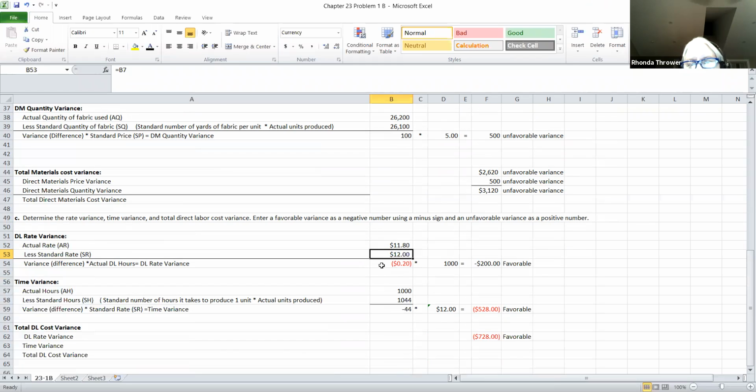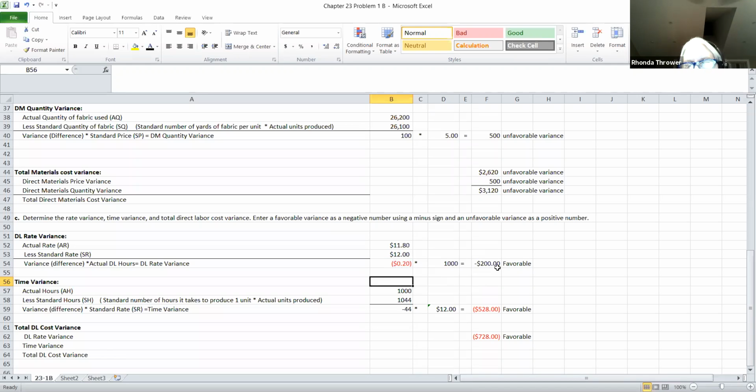So if you multiply 20 cents times 1,000 actual direct labor hours, it will give you a $200 favorable variance. Notice favorable variances have negatives in front of them, and that's because the actual rate was less than the standard rate, so that makes this negative.